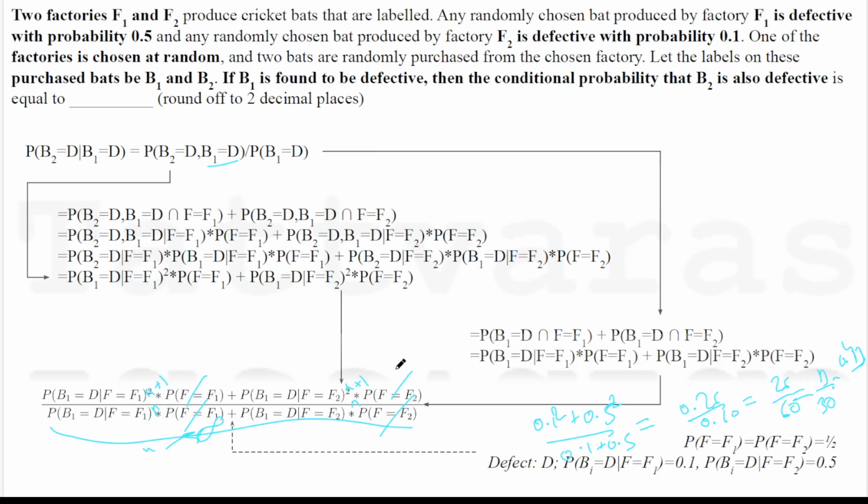Think about it: every bat is defective, which is very much indicative of the fact that the factory more prone to produce defective bats is being used, which is this F1 factory. So the next bat that is produced should also be coming from this factory, and hence that should also be 0.5.